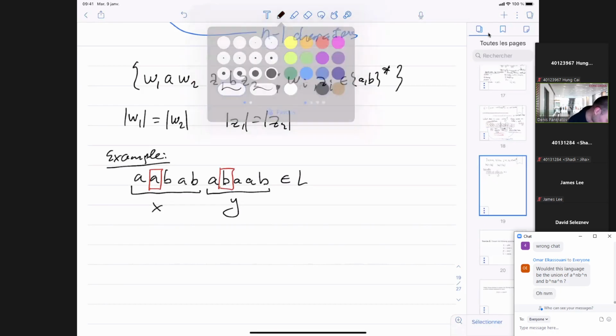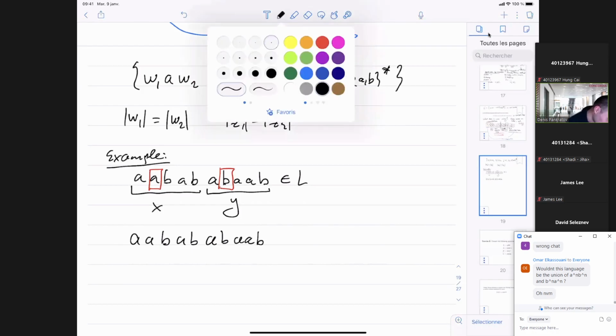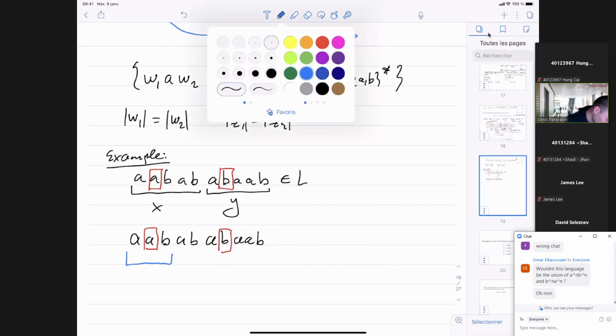So now I'm going to take exactly the same string AAB, AB, AB, AAB, and I'm going to look at it slightly differently. I have this character A, which is different from this character B, which ensures that X and Y are different. I'm going to take the portion of the string where A appears in the middle, and then observe what happens.